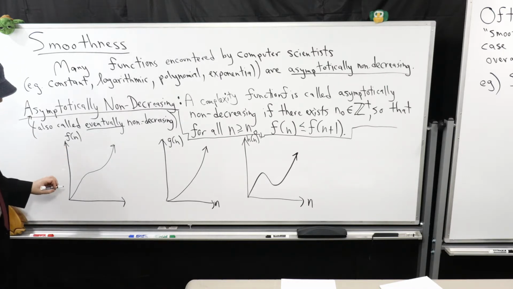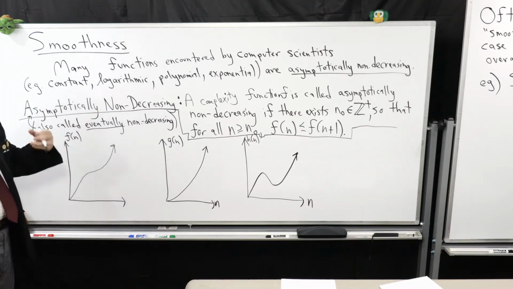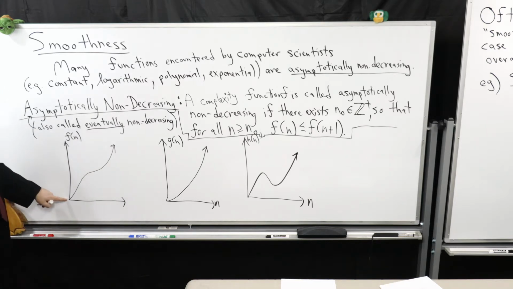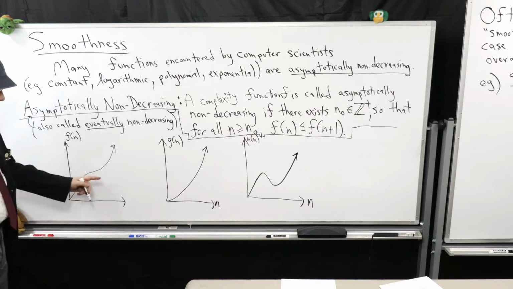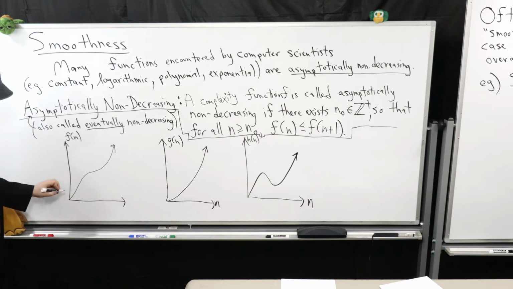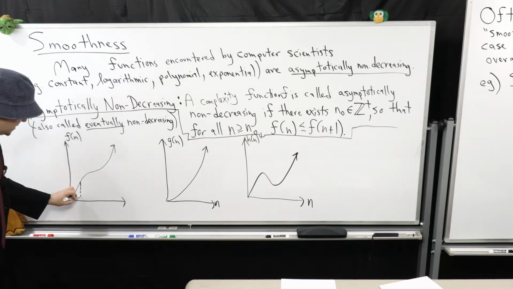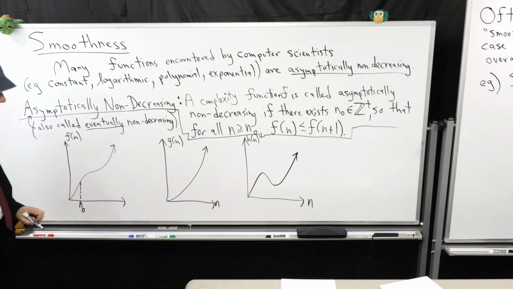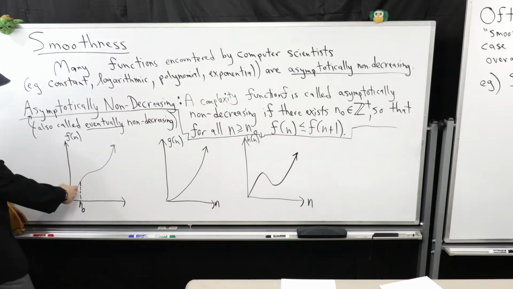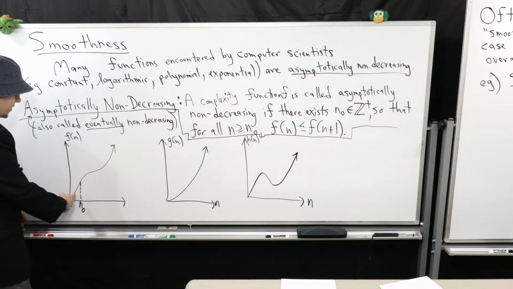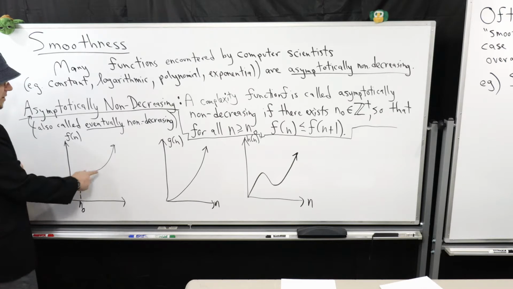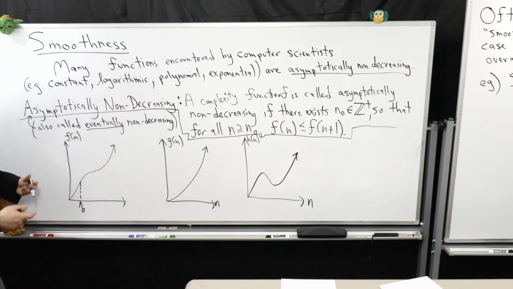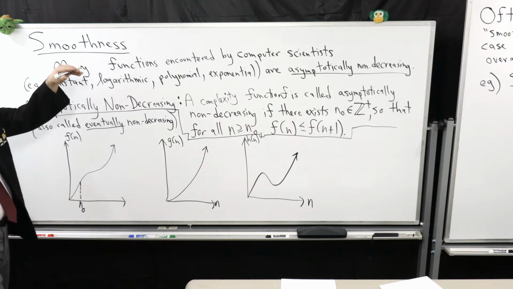So, for example, remember n0 in this case is a positive integer, so you can't just simply assume it's here. It has to be somewhere in this direction. So for example, I could select n0 to be right about here. And notice that if I look anywhere to the right of n0 or on n0, if I plug in n, does the function always go up or stay level?